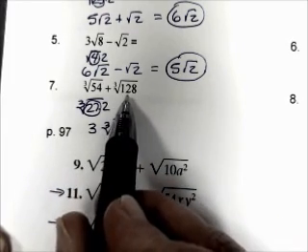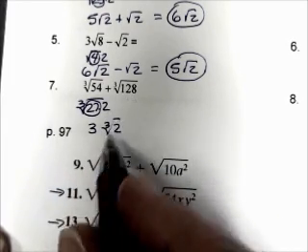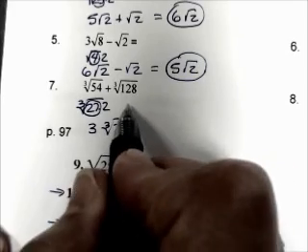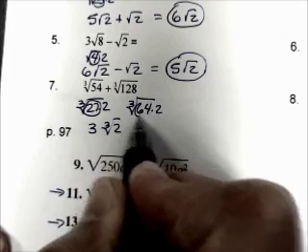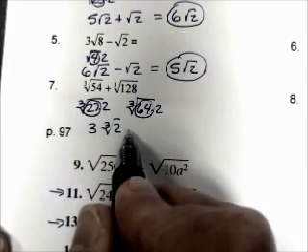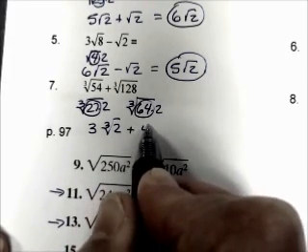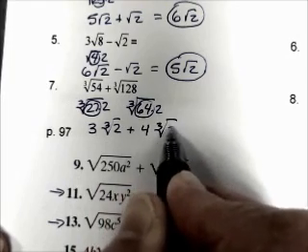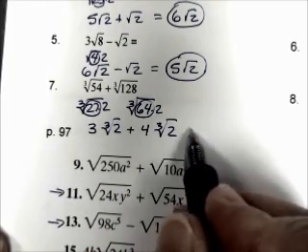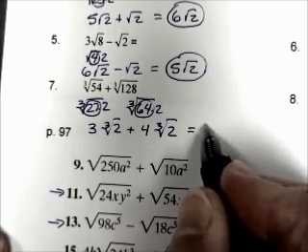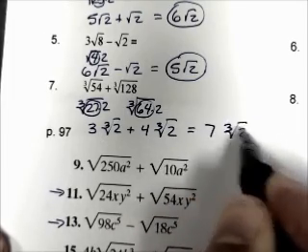And 128, the cube root of 128, break 128 down into 64 times 2. And the cube root of 64 is 4. Okay, so we have 3 cube root of 2 plus 4 cube root of 2. These are like radicals. So now that's 7 cube root of 2.